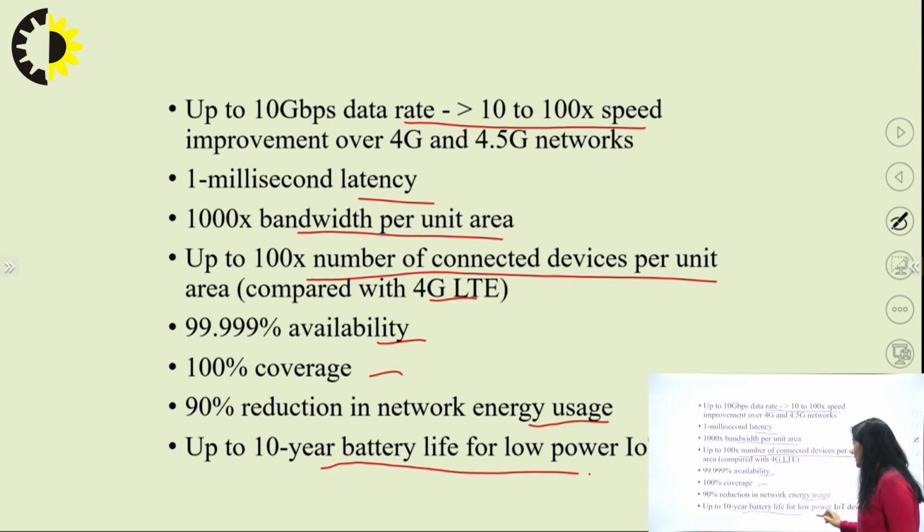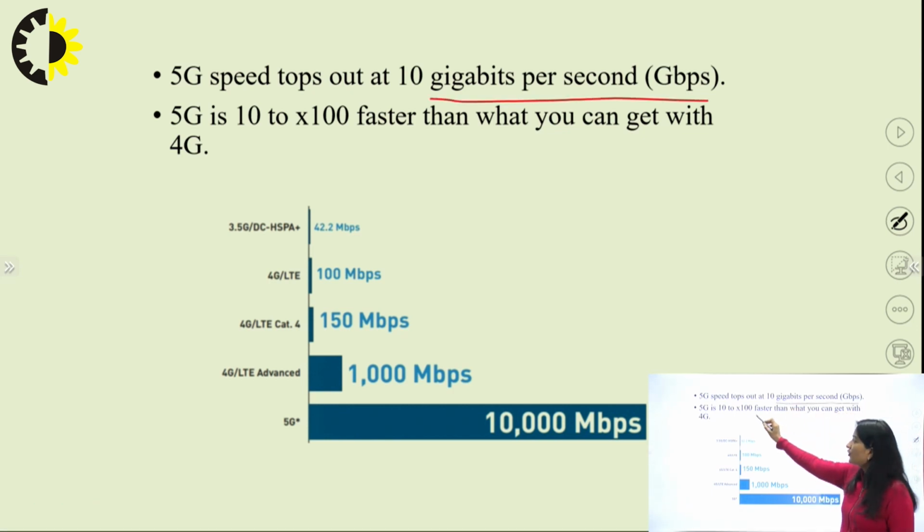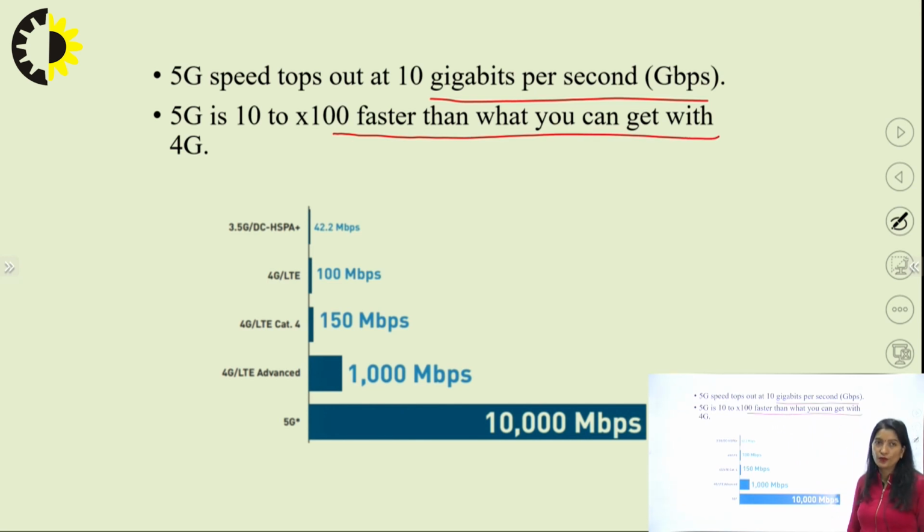Up to 10 years of battery life for low power IoT devices. 5G speed tops at 10 Gbps. 5th generation is 10 to 100 times faster than what you can get with your 4G phone, right?